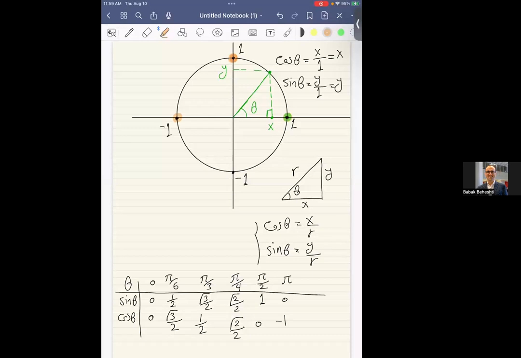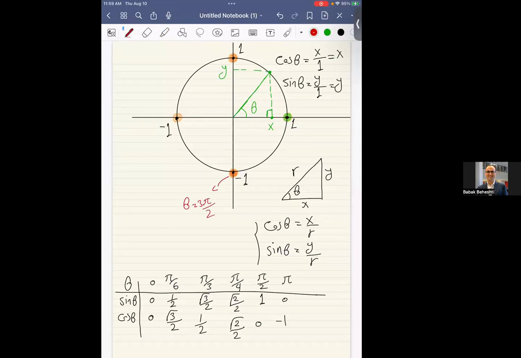So you should be able to read angles from the unit circle. This point represents what? Theta equal to 3 pi half. So this guy is right here. Theta equal to 3 pi half.